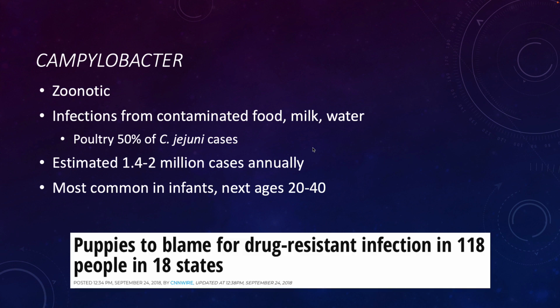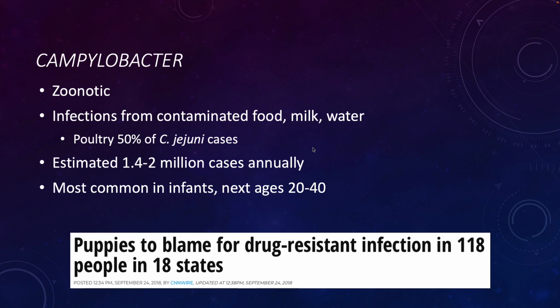The next age group is between the ages of 20 and 40. Again, in this case, you would think you're the healthiest. That's part of it, but also between the ages of 20 and 40, people tend to become more adventurous eaters, and they're more likely to prefer undercooked steaks, perhaps raw dairy and cheese, so more likely to be exposed to the infection.